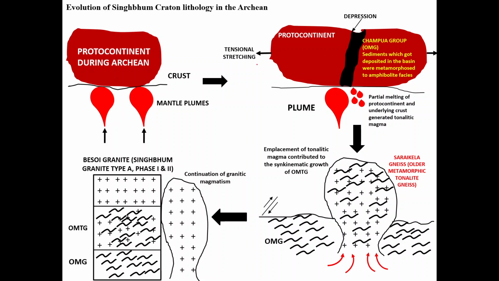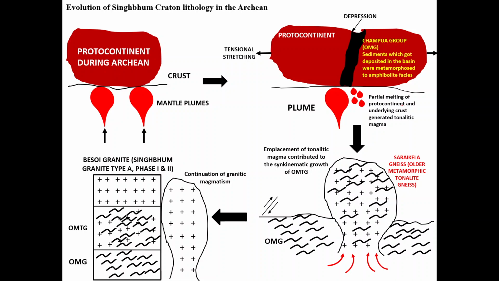Due to this tensional stretching of the protocontinent, a depression was created in which sediments were deposited. The basin sediments got metamorphosed to amphibolite facies and formed the Champua group or the older metamorphic group. The partial melting of this protocontinent and the Champua group led to the generation of tonalitic magma.